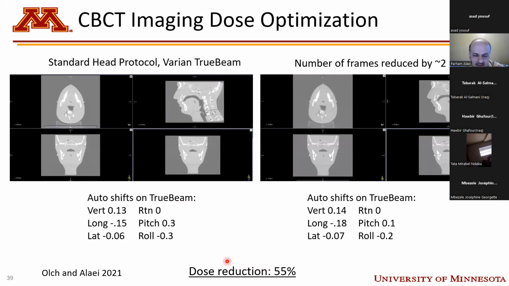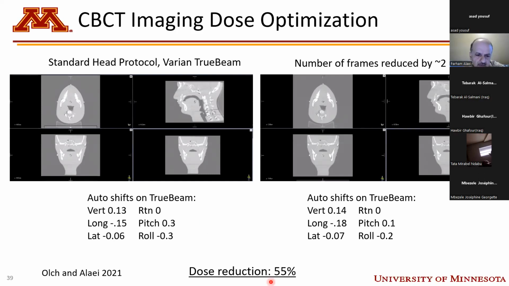We used the auto shift option on the TrueBeam. TrueBeam users know that I can do auto shift, or auto match as they may call it, to adjust the patient position on the day of treatment to the original scan. So we set this phantom in a wrong position, and we allowed the unit to adjust the position of the phantom. And again, this is a Rando phantom, so the only thing the software was using was bony anatomy. There's not a whole lot of soft tissue contrast in that one.